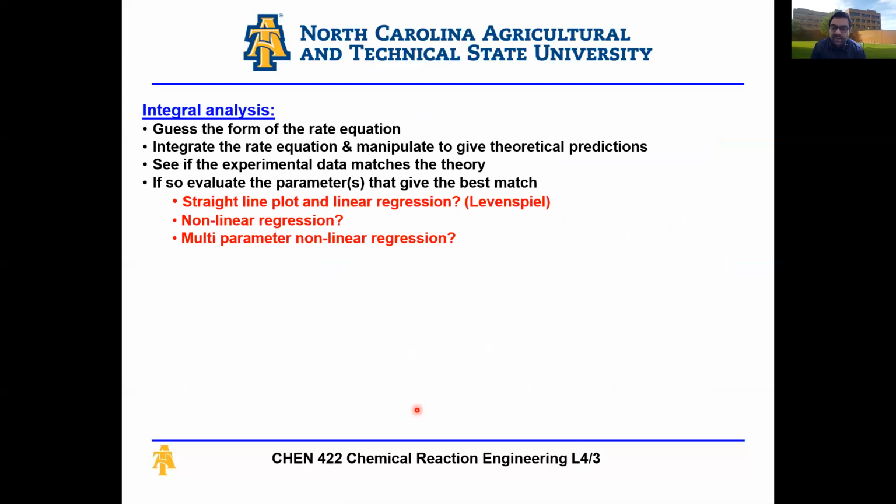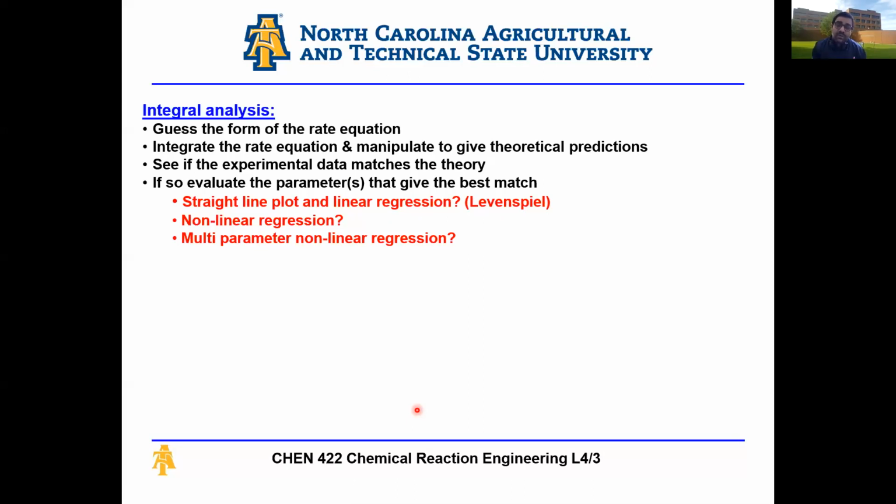In the integral analysis, you just make a guess on the form of the rate equation, and then once I have my rate equation, r_i equal to dC/dt, I integrate this expression to get an equation which is just C as a function of t, or t as a function of C, right? Where I just have my 2 components, concentration and time, without any differential format. And once I get this expression, I compare it to my experimental data and see if it matches.